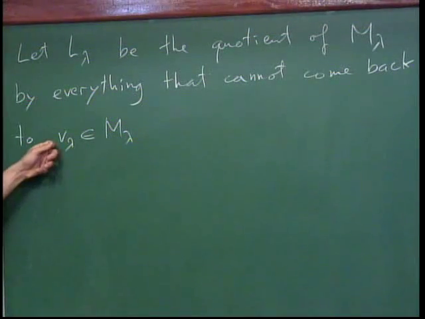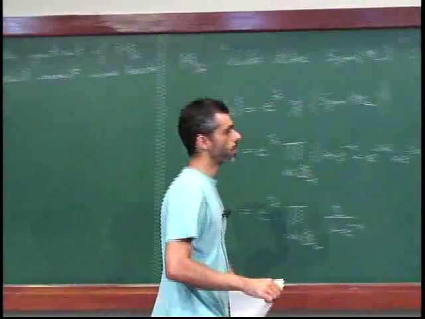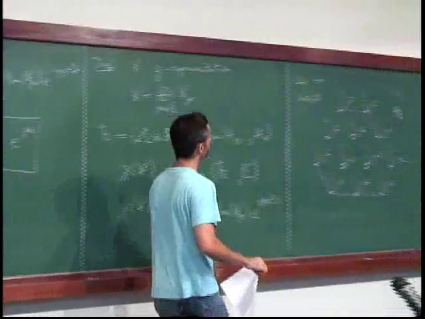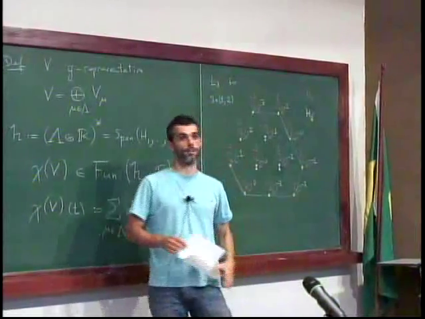We have the highest weight vector, and you mod out by everything that cannot go back to the highest weight vector by means of raising operators. That's a definition, and you get something which is sometimes finite dimensional, sometimes not. Actually, it's finite dimensional precisely when lambda is a dominant weight, precisely when these numbers are positive.